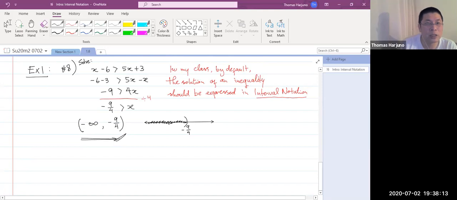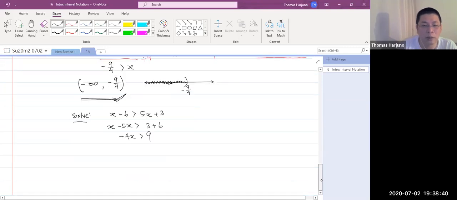Let me do just the same problem, but anticipate the situation if you solve it different ways, which is okay. Acceptable different ways. Some of you always like to have your x on the left-hand side. Fine, do it. So x minus 5x is greater than 3 plus 6. -4x is greater than 9, right? But remember, you will divide by -4, right?